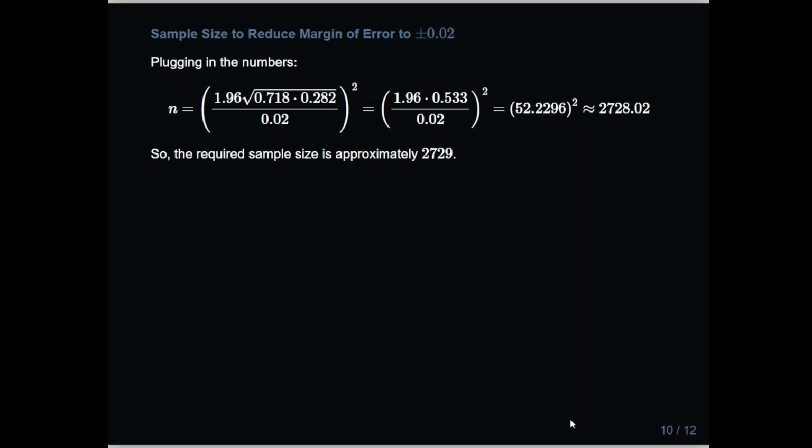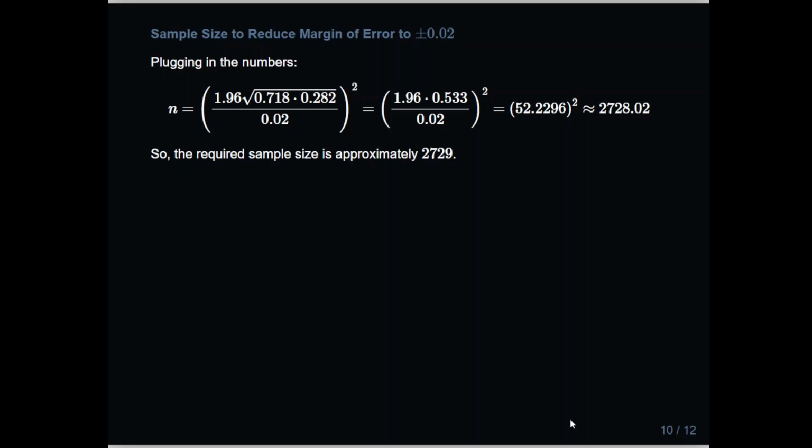So essentially, when you get a number like that, you have to round it up. Okay? Bring it up to the next integer. That's the important bit here, really. It's important to increase the sample size in this sort of situation.